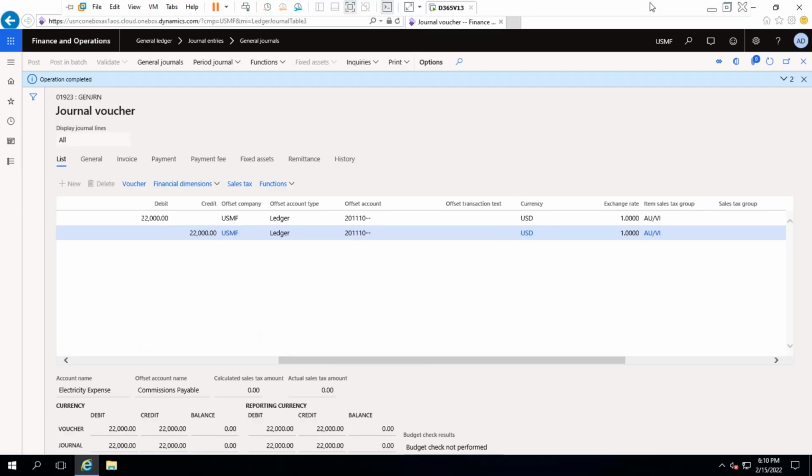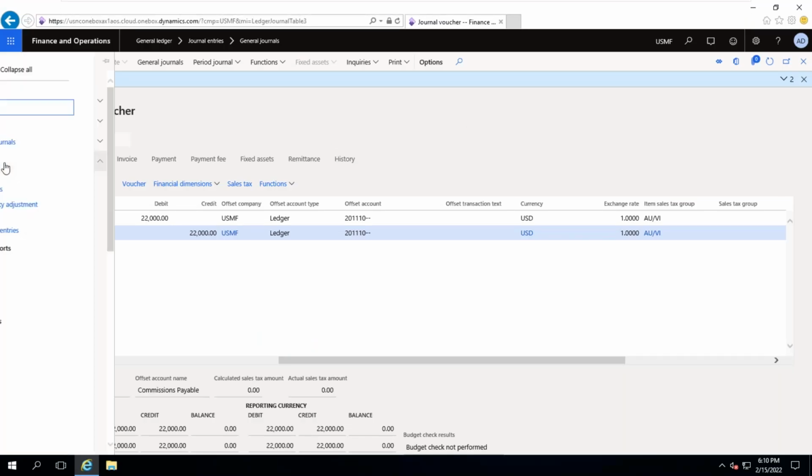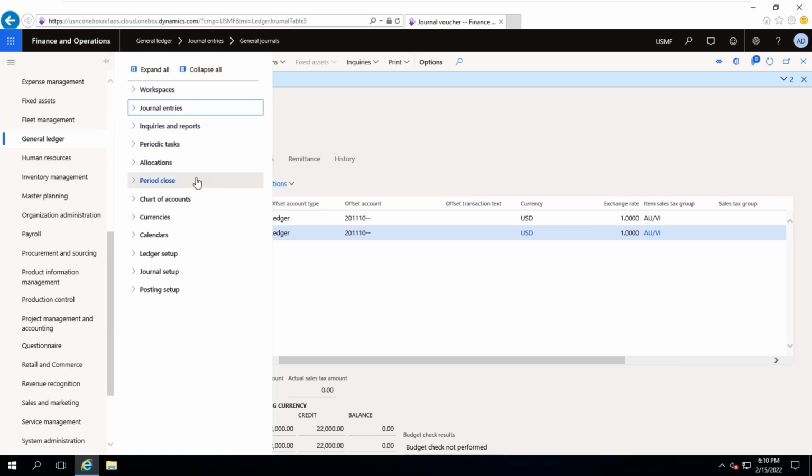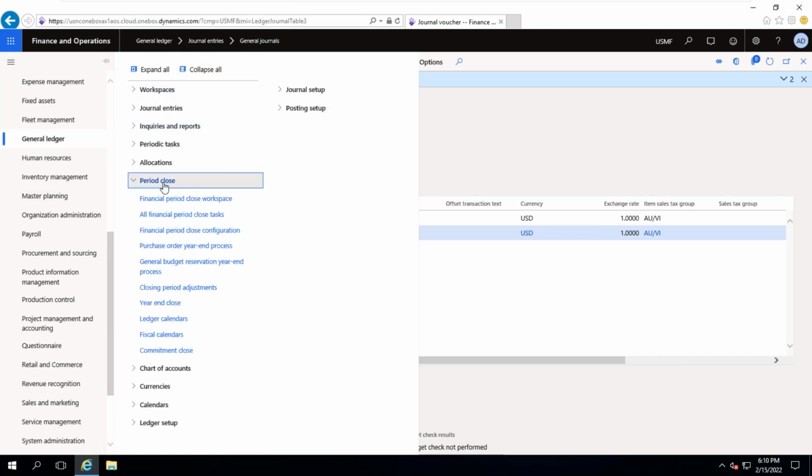Okay, so let me show you where it is available, how to do the year-end process. So General ledger, Period close, Year-end close.